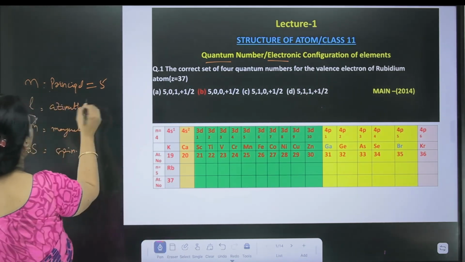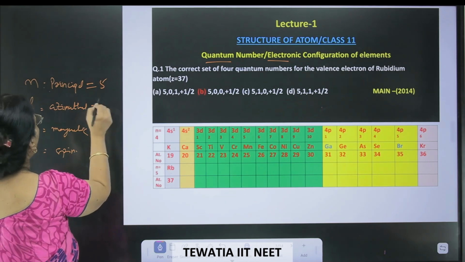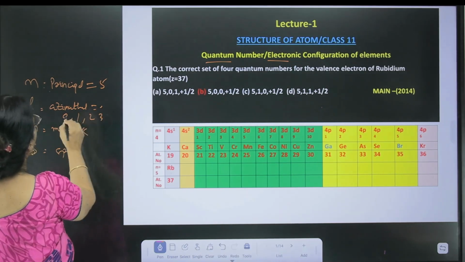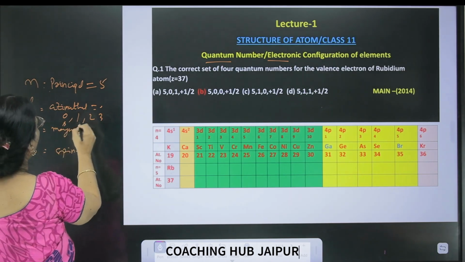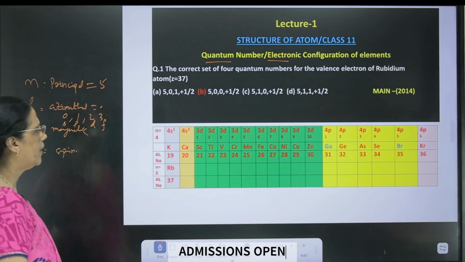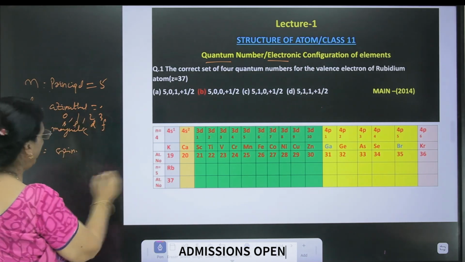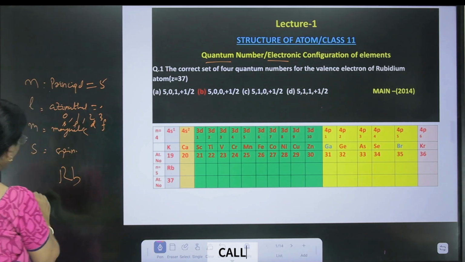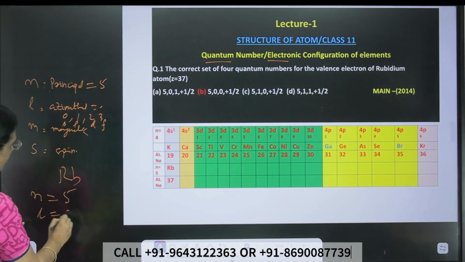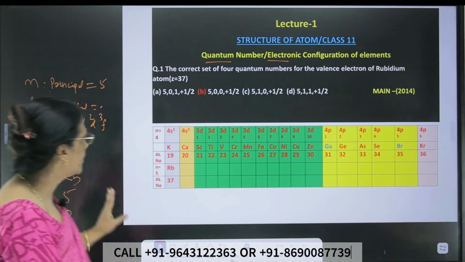Second, azimuthal quantum number. This is l, and its value is 0, 1, 2, 3 like this, where 0 is for s orbital, 1 is for p orbital, 2 for d orbital, 3 for f orbital. So here for rubidium, n is equal to 5, l is equal to 0 since it is having s orbital.